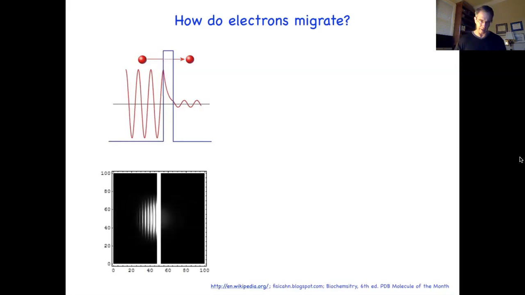So here's another way to think about it. Here's our electron oscillating back and forth, running up against that gap in an iron sulfur cluster. Here's the gap separating the two iron sulfur clusters. The highest probability is that the electron is just going to stay there. It can't do anything, it's just going to bounce off, oscillating around in the orbitals of that iron sulfur cluster. But the probability of it not being there is non-zero, because its wave function spans that gap, and because the uncertainty principle dictates that over small enough distances, we can't specify position and velocity simultaneously accurately.